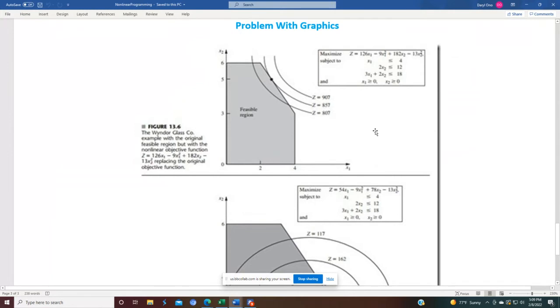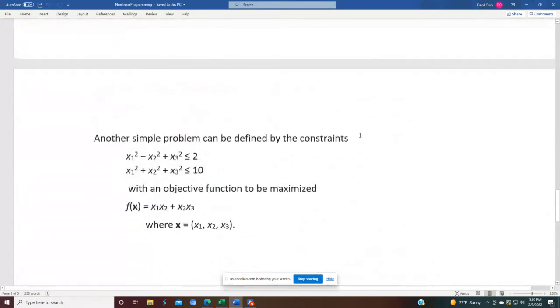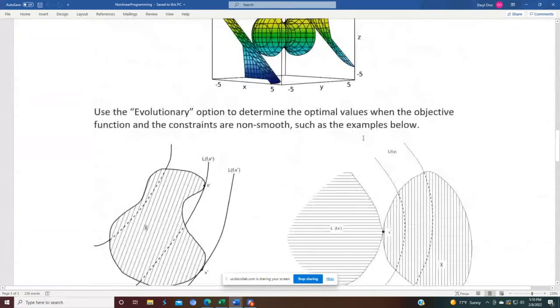That's the way it is in real life. Many times they're curved. Whenever you have profits, the more you sell, a lot of times it doesn't just go on a straight line. Your profits go up and then they kind of plateau out. They have that curve function. If that's the case, then we're going to have to use nonlinear programming, GRG Nonlinear.